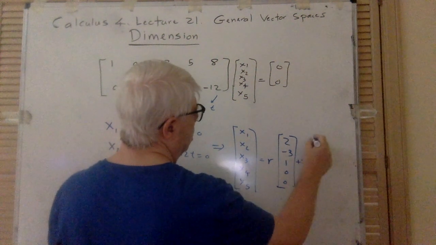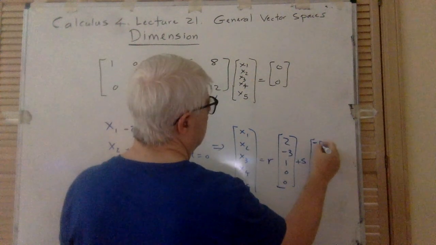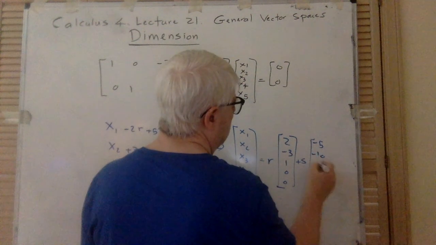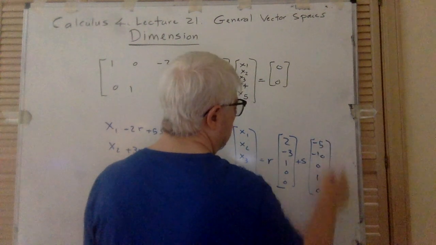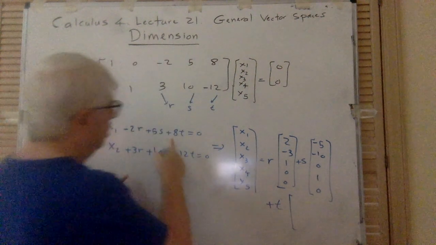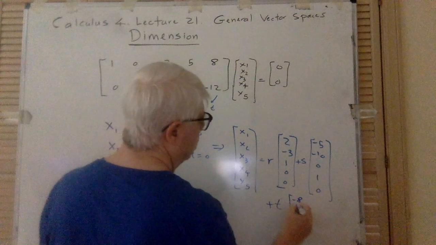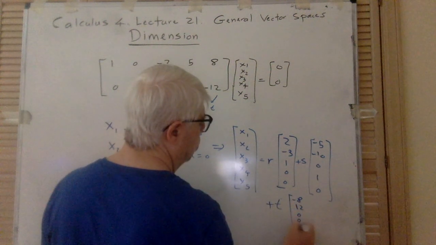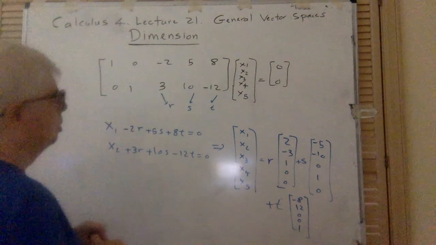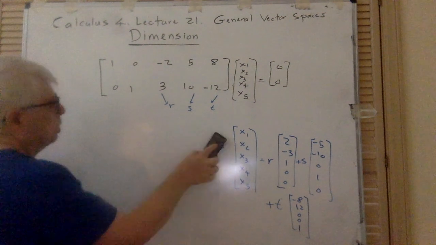Plus s times minus 5, and here this goes to the other side, minus 10, 0, 1, 0, plus t times minus 8 here, and 12 here, 0, 0, 1.